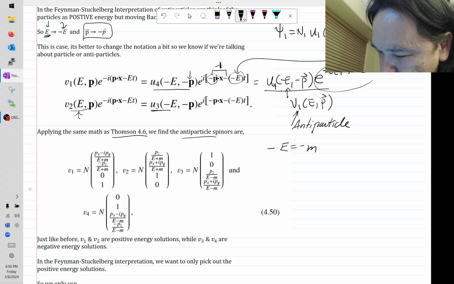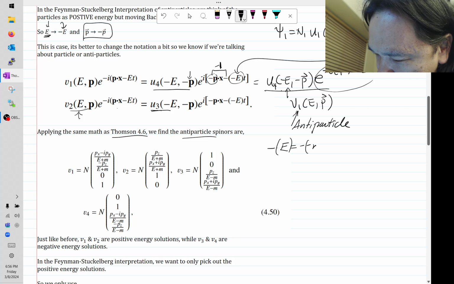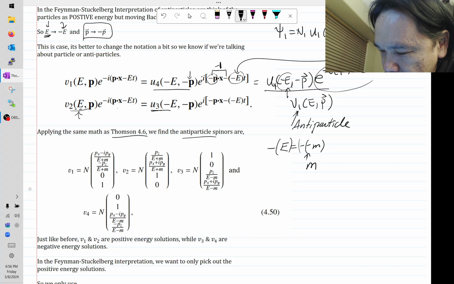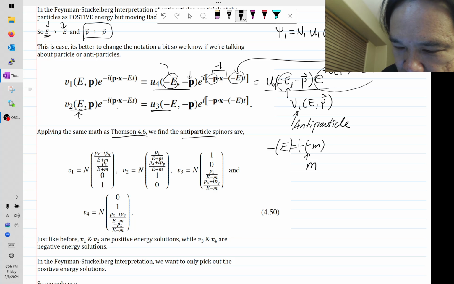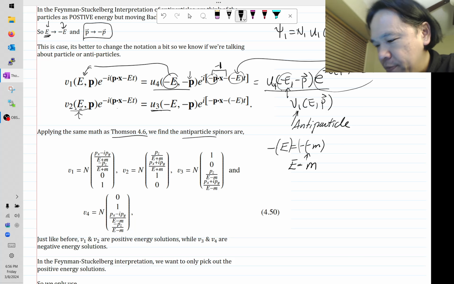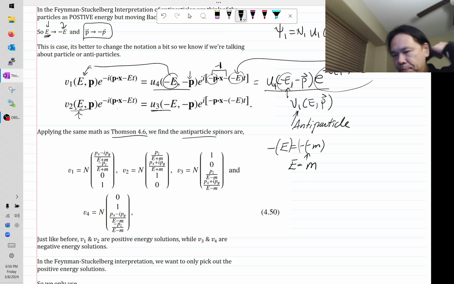So we put a negative sign on this side, which puts an additional negative sign on this side. Now instead of a negative m, here we're going to have a positive m. And since we're defining this v function as being negative E, whatever negative E is transforms to just a regular E. I know it's very confusing, but in this definition, E is going to be equal to m.